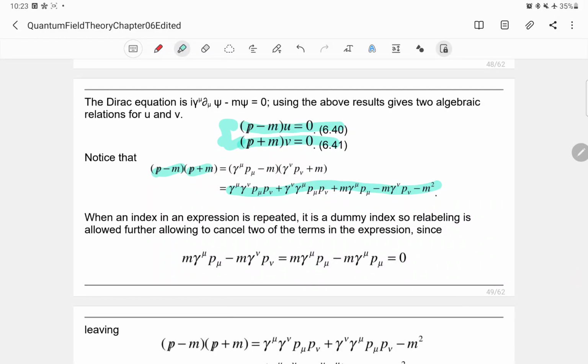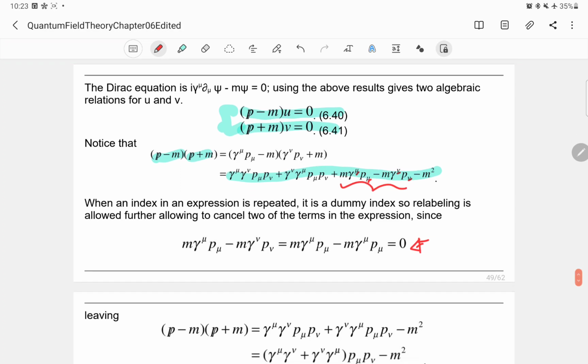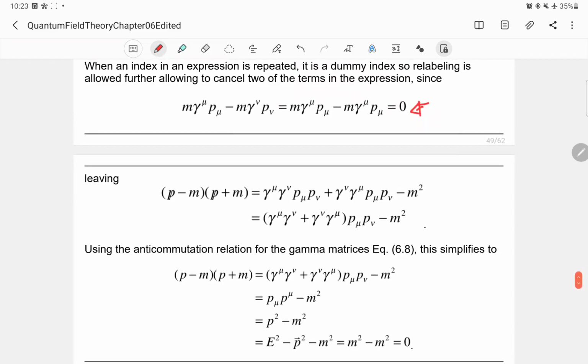And by the way, these mu are just dummy indices, so both of these terms are just equal, so this is just equal to 0. And finally we have this one here.